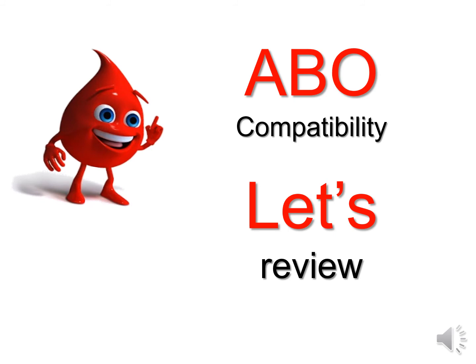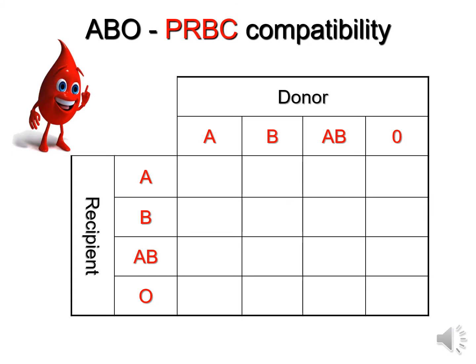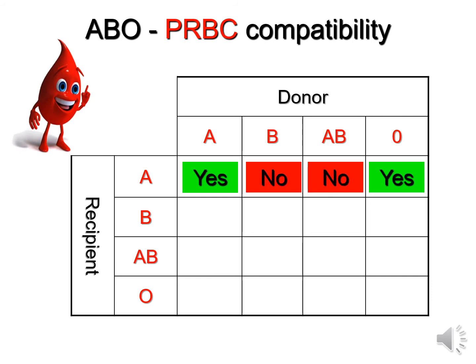So let's look at compatibility then. What is compatible with what? When we look at the ABO system with packed red blood cells and their compatibility, we have the donor and the recipient. Donor A and recipient A, yes, they're compatible.